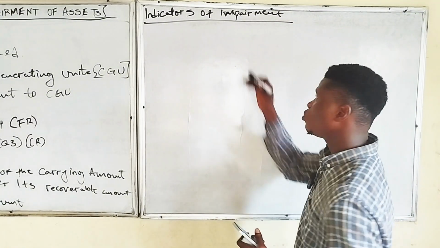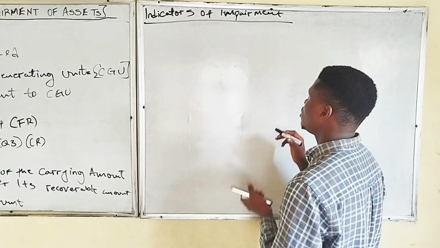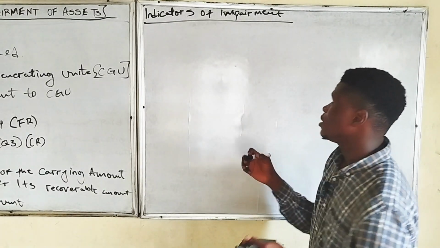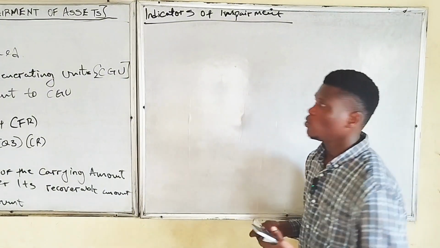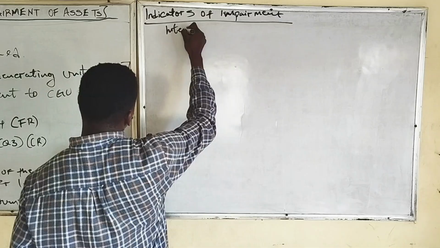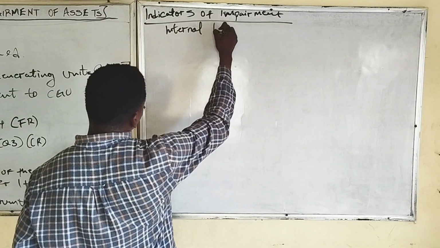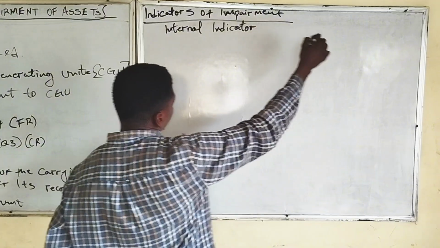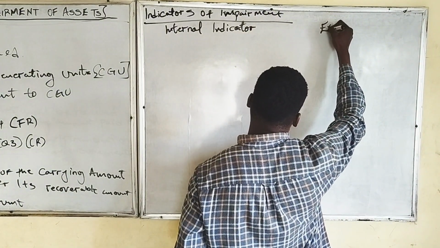So there are two ways of actually determining the indicators, or ways of ascertaining that an asset may be impaired or not. One of them is the internal indicator, and external indicator.